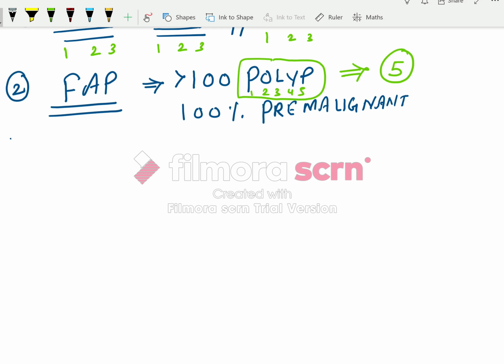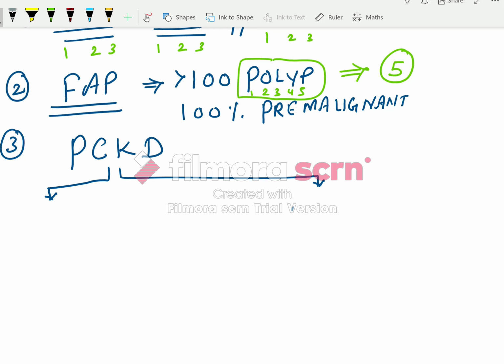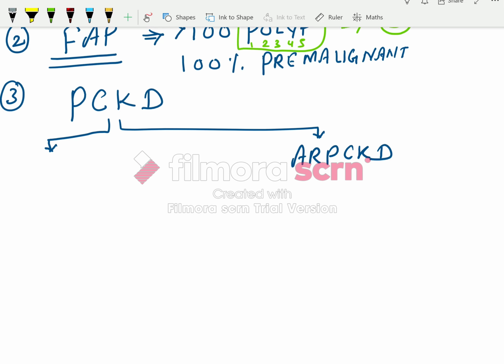Third disease which we are discussing is polycystic kidney disease. There are two types. One is called ARPCKD, autosomal recessive type. Another is autosomal dominant type.